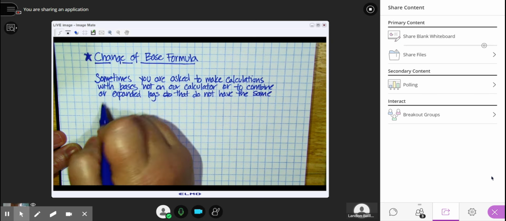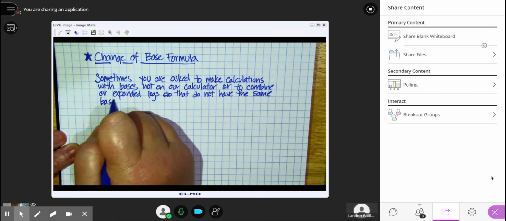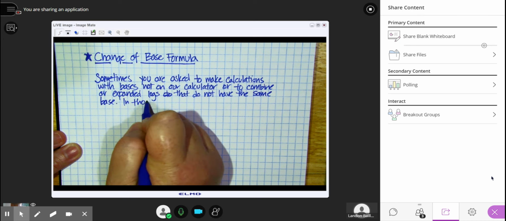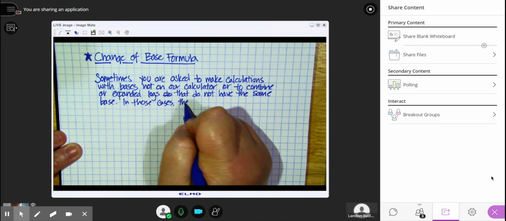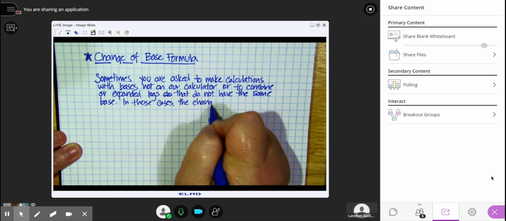In those cases, the change of base formula is useful.